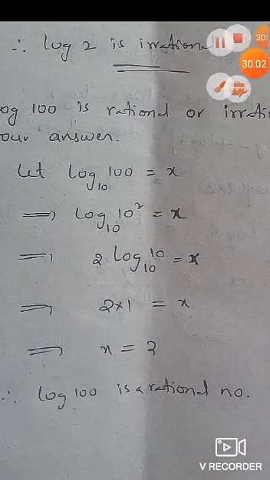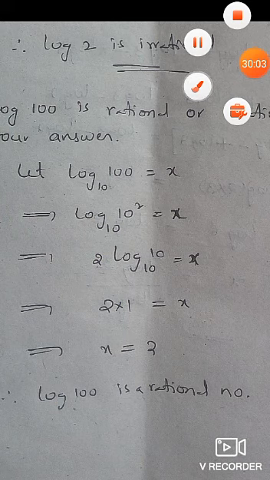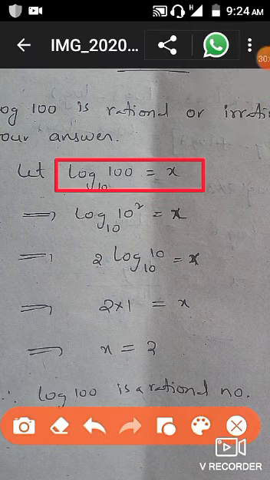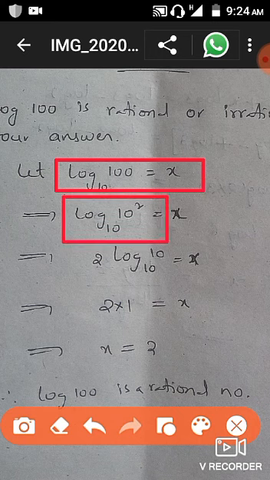So first step, let log 100 equal x, for base 10. 100 we can write as 10 square. So log 10 square base 10 equals x.